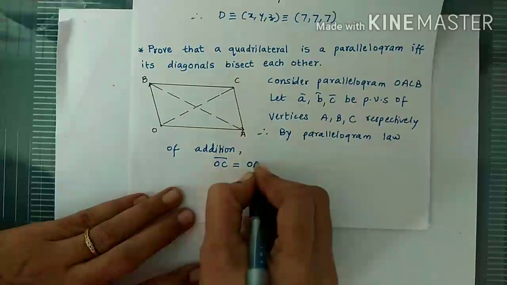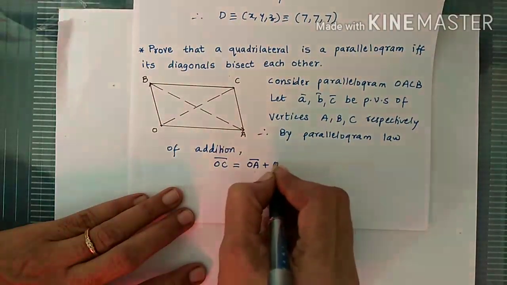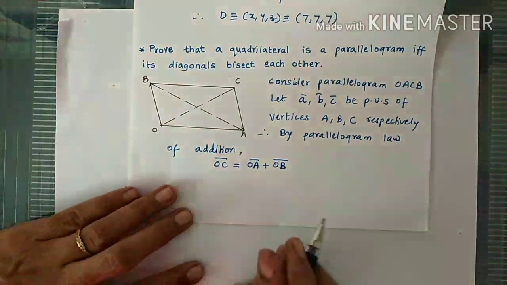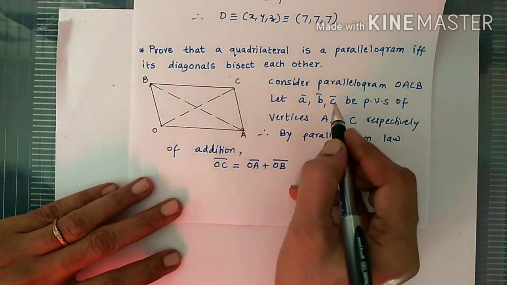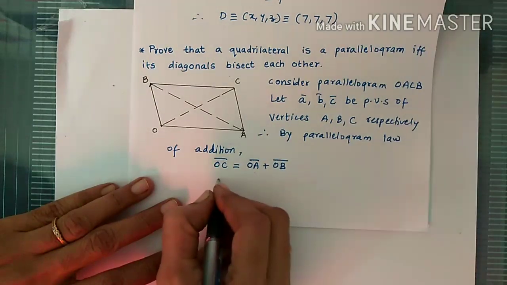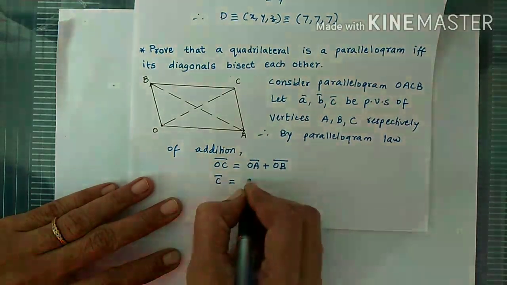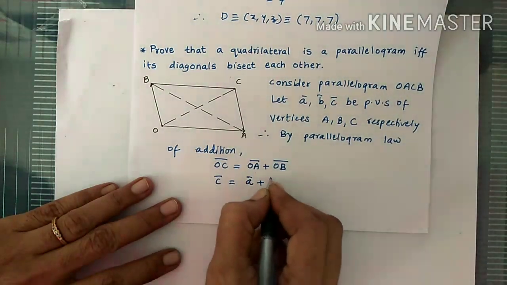So OC bar is equal to OA bar plus OB bar. But since we have taken O as origin and OC bar is C bar, as we have taken C bar as position vector of C, so we have C bar equal to A bar plus B bar.